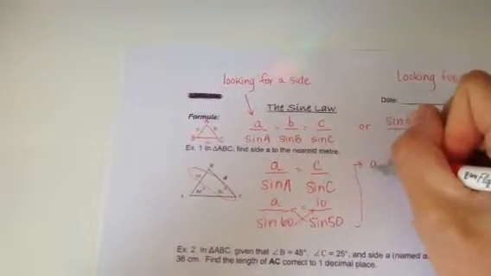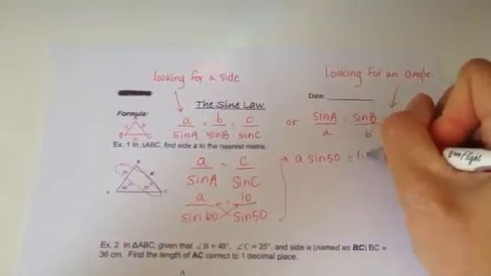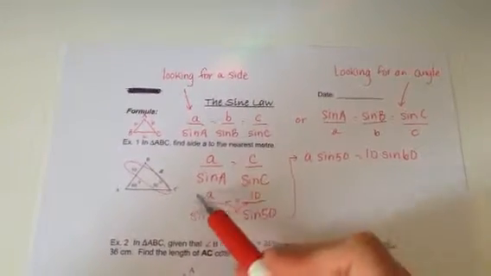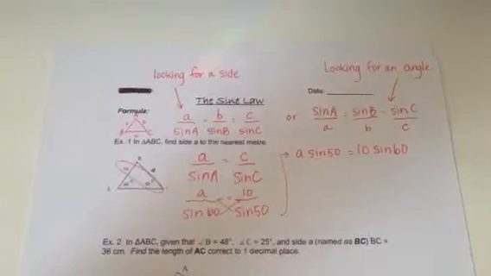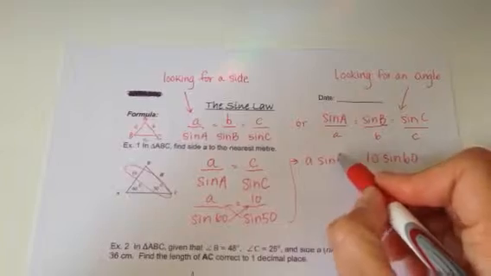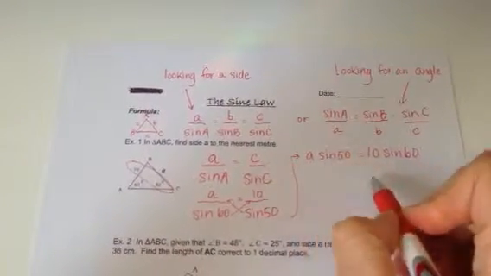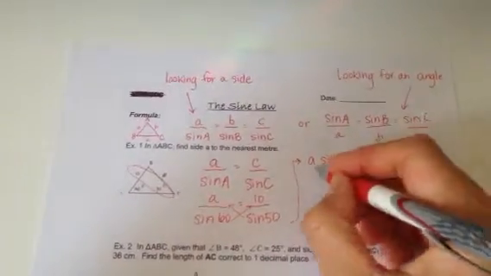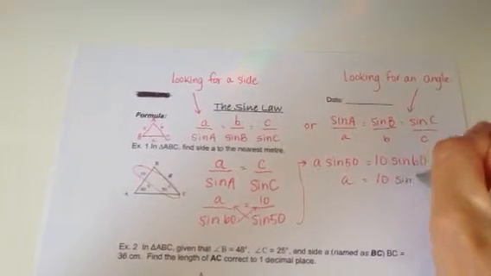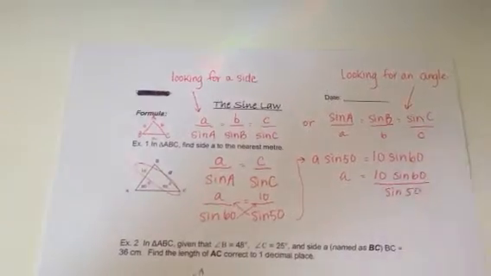So A times sine 50 is equal to 10 times sine 60. So now we're not dealing with fractions any longer. We need to get A all by itself. So you need to move this sine 50 over to the other side. It's being multiplied here, so to move it to the other side, we're going to divide. A is equal to 10 sine 60 divided by sine 50.